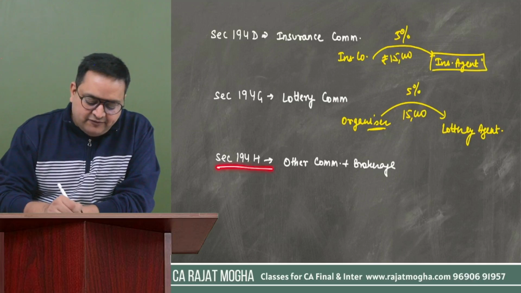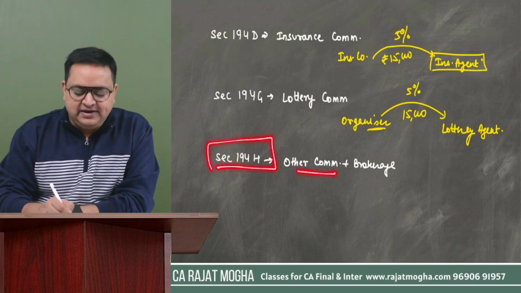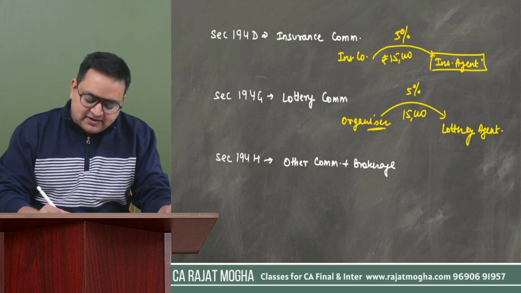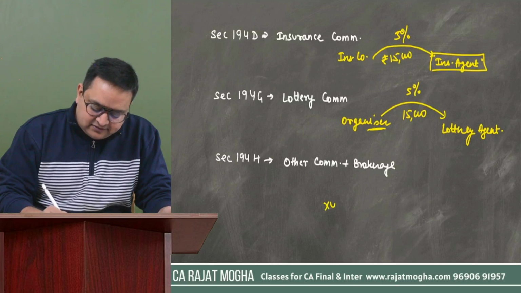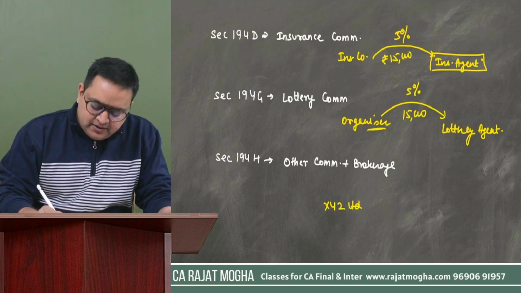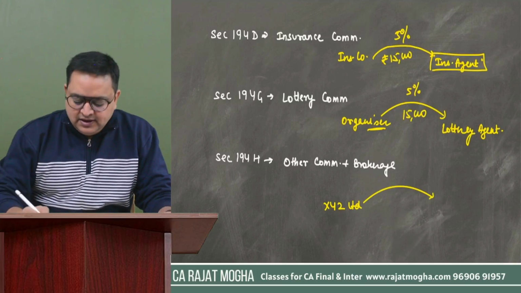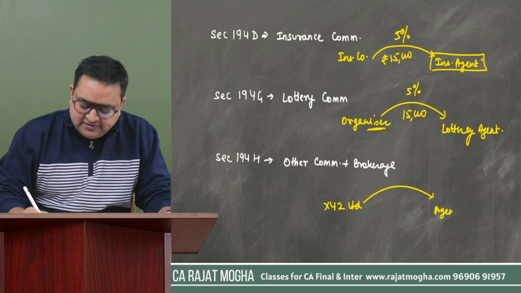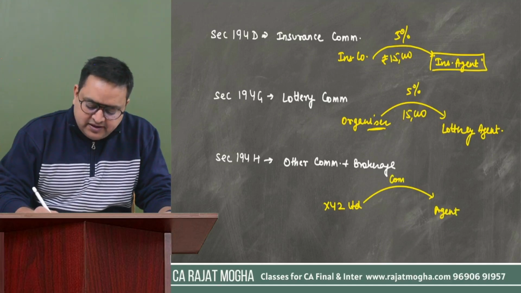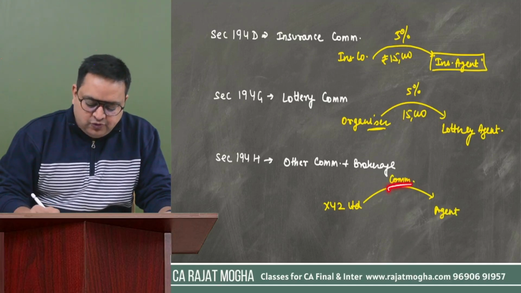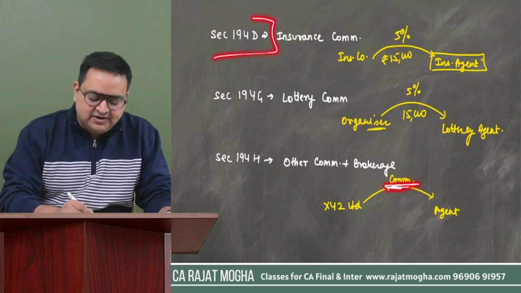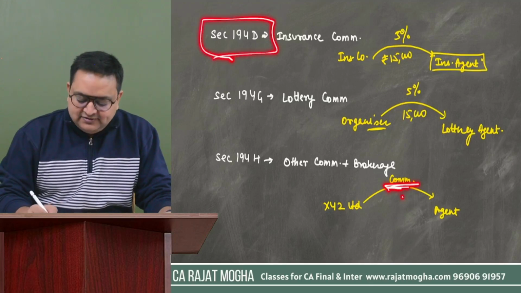And 194H is related to other commission. Let's say there is a company, XYZ Limited, giving commission to their agent. Let's say there is a selling agent or buying agent, it could be any type of agent, and they are giving commission. Is it insurance commission? No. If it were insurance commission, it would be covered under section 194D. Is it lottery commission?